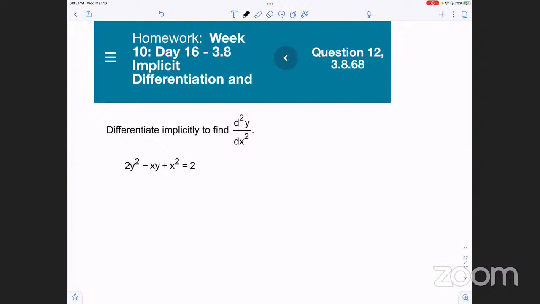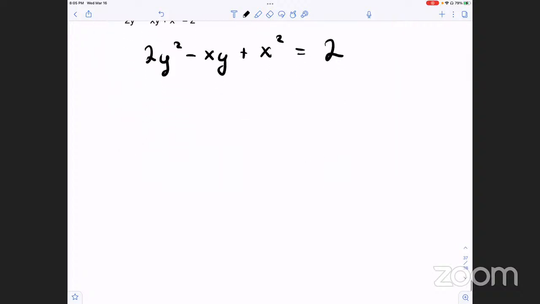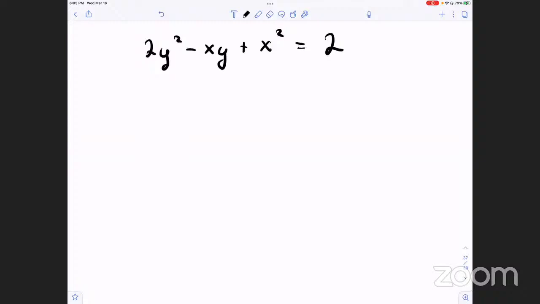Okay, so we'll start here: 2y squared minus xy plus x squared equals 2. Now we're going to just take the derivative like normal, and every time we take the derivative of y, we're going to put y prime. So the derivative of that first term becomes 4y times y prime. And then for the second term, we need to use what?